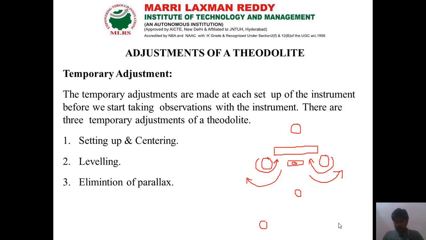So like this, it is at a perpendicular position, and our plate level or altitude bubble is here. By rotating the third foot screw clockwise or anti-clockwise, the bubble has to be brought to the center position of its level.